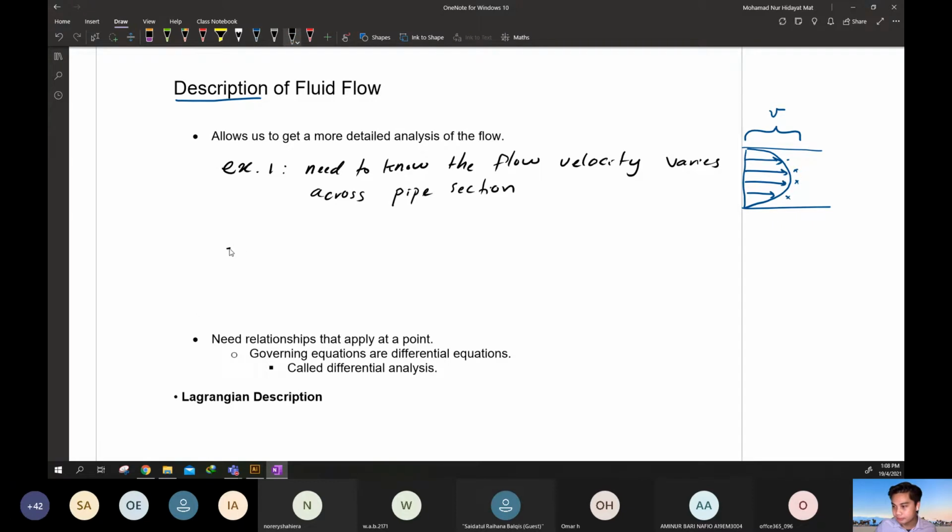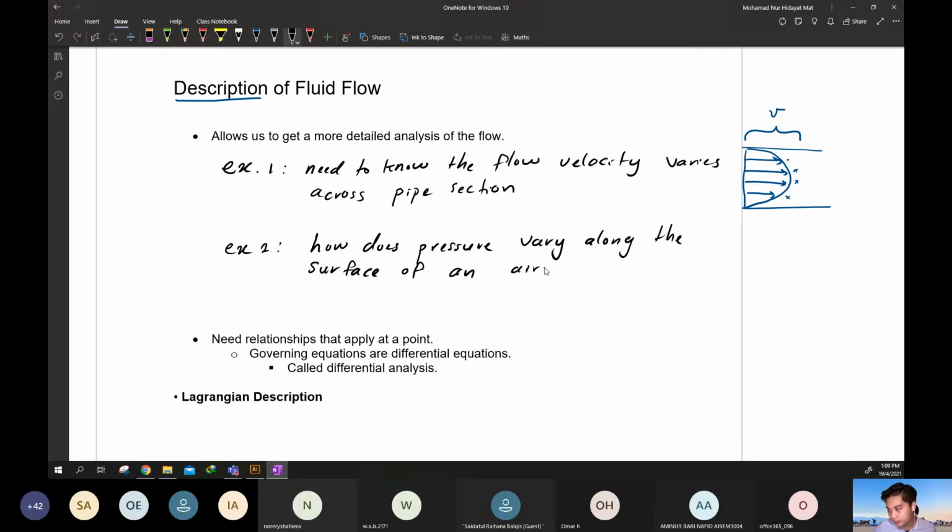Okay, the second example is how does the pressure vary along the surface of an airplane wing.